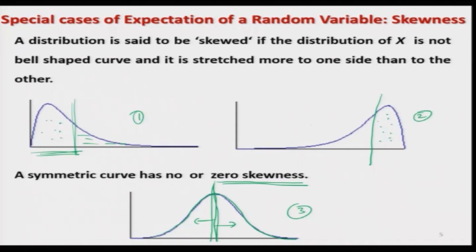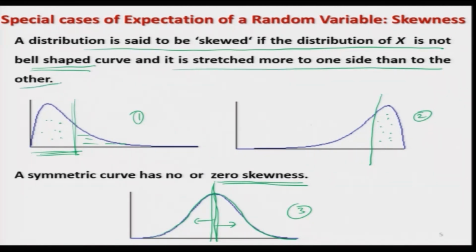So, in these two figures 1 and 2 we say that the distribution is skewed. So, one can say that a distribution is skewed if the distribution of X is not bell shaped curve, and it is stressed more to one side than to the other.